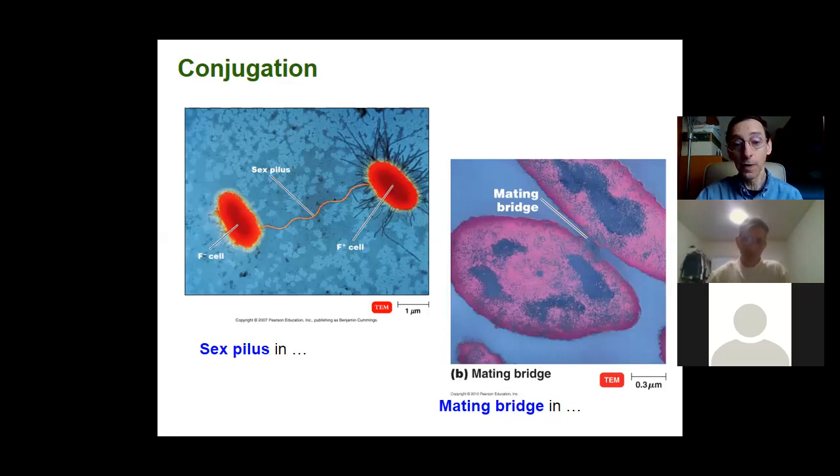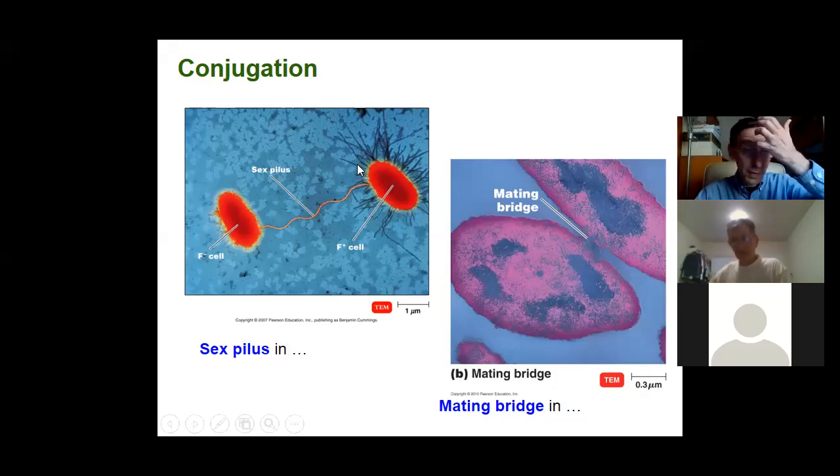All right? We're not going to talk further about gram-positive cells, but we will talk about gram-negative cells because they can engage in conjugation through sex pilus. The sex pilus is this long structure coming out of an F+ cell, and the sex pilus will literally skewer an F- cell.